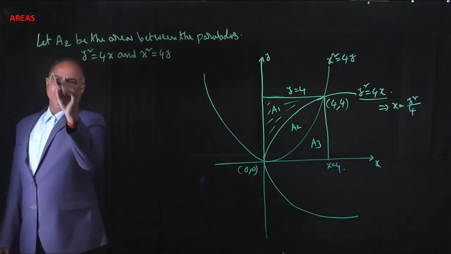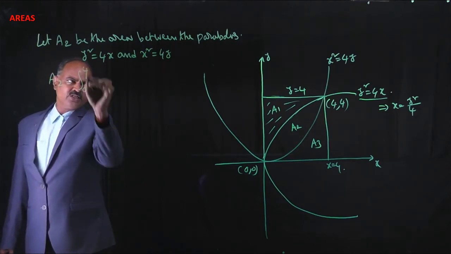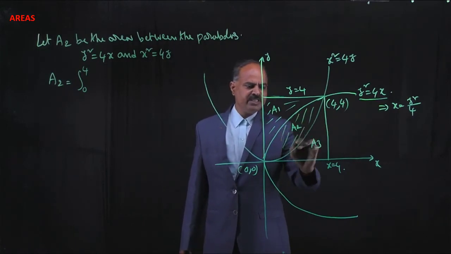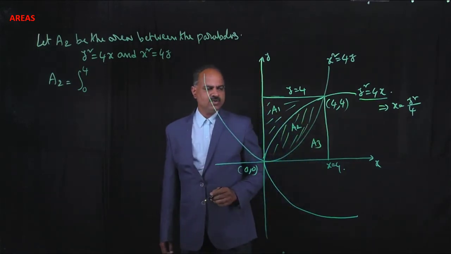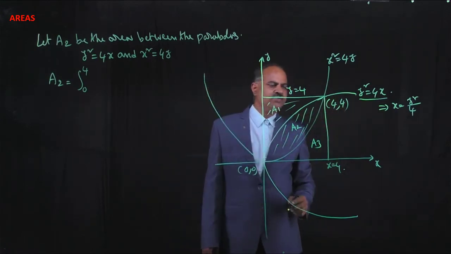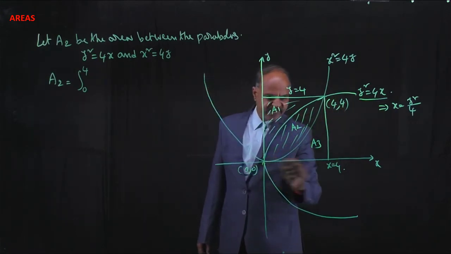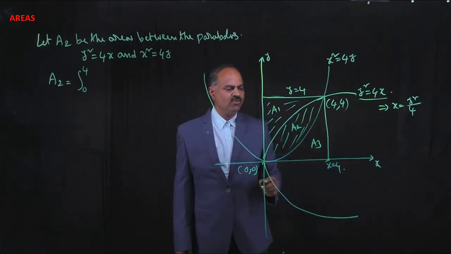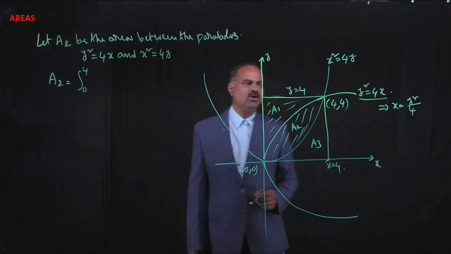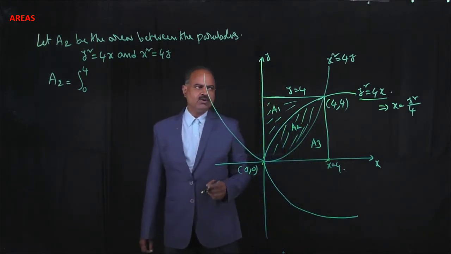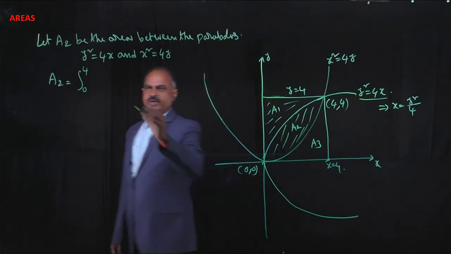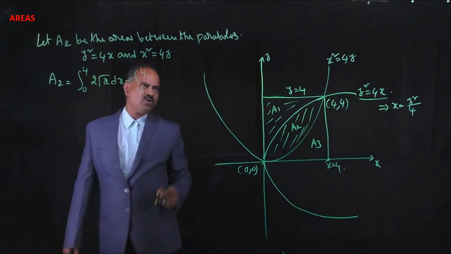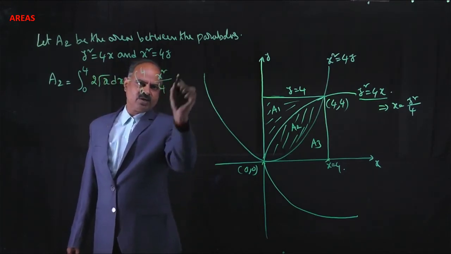So A2 is this area between the two parabolas. It is the area under the curve y square equal to 4x on the x axis between x equal to 0 and x equal to 4, minus the area under the curve x square equal to 4y between x equal to 0 and x equal to 4. Now A2 equal to the integral from 0 to 4 of 2 root x dx minus the integral from 0 to 4 of x square by 4 dx.